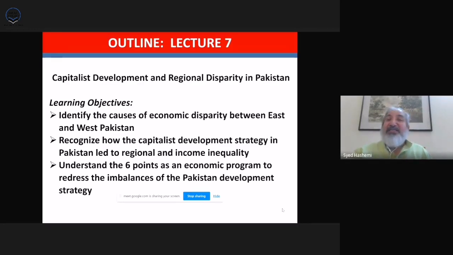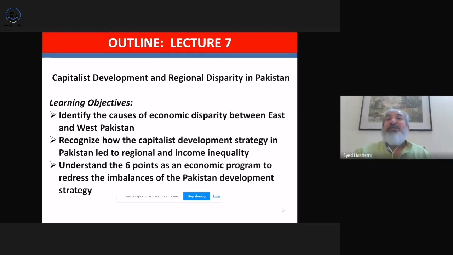So in this class, as I said, we'll be talking about the economic disparity. We'll be identifying some of the causes of that. And we will try to understand how pursuing the capitalist development model actually led to the inequality between East and West Pakistan.